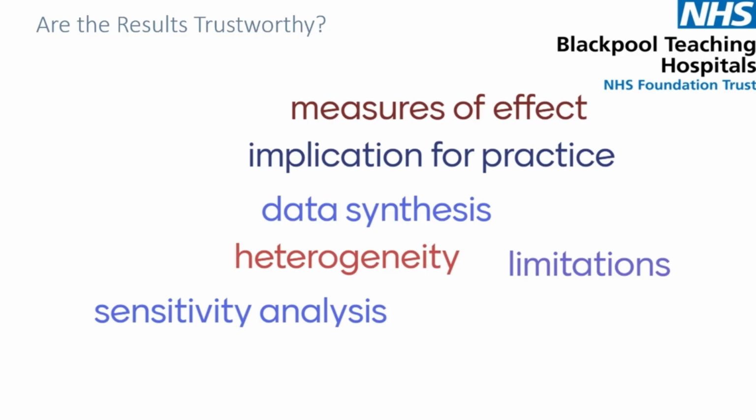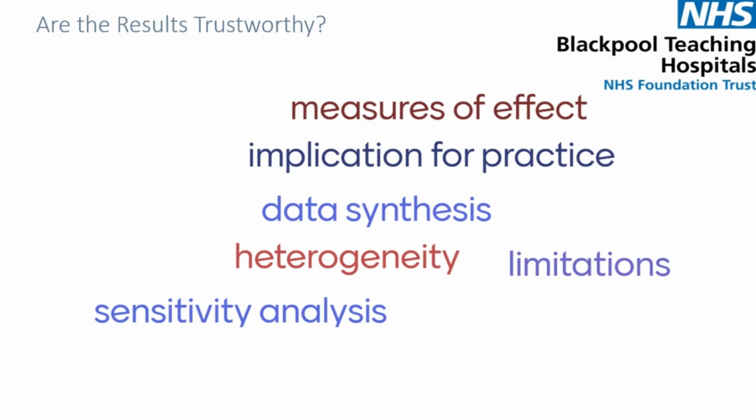In section C, which aims to determine the trustworthiness of the results, examine if the results are presented clearly with appropriate data synthesis. Look for an assessment of the quality of or risk of bias in the included studies.